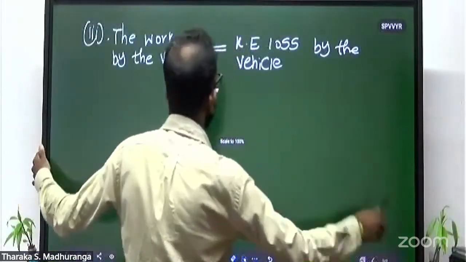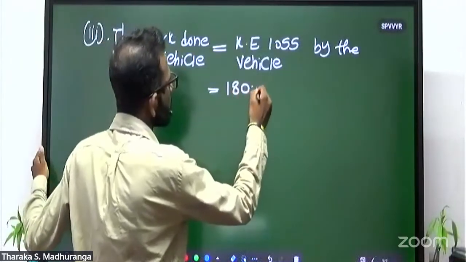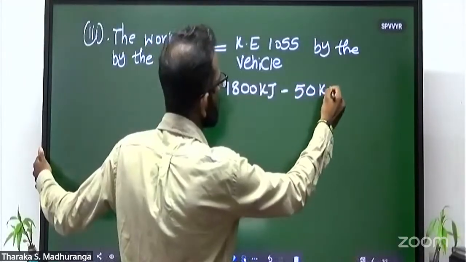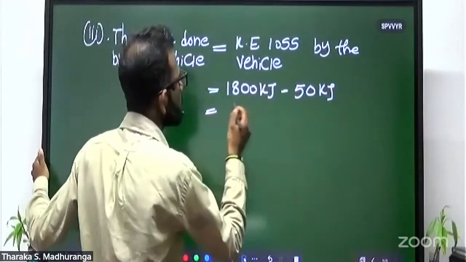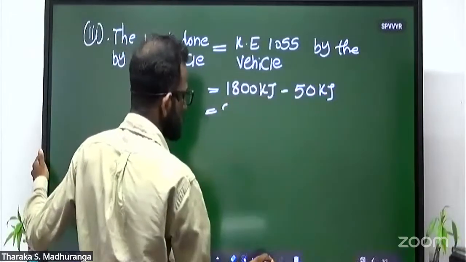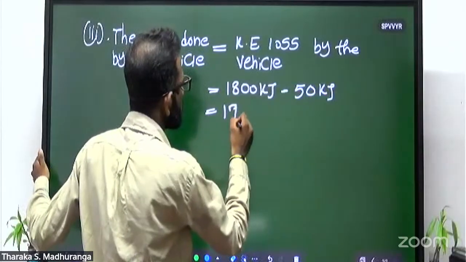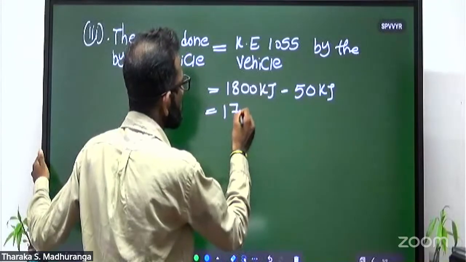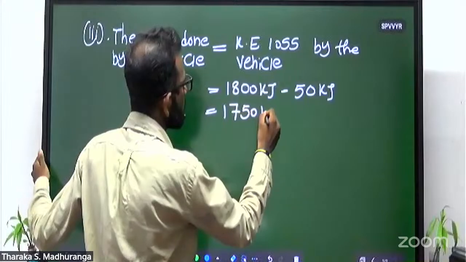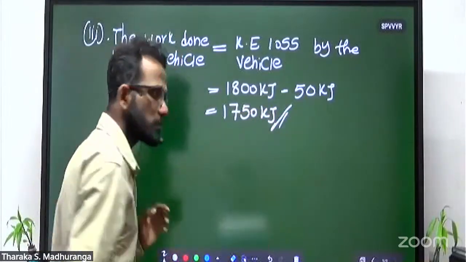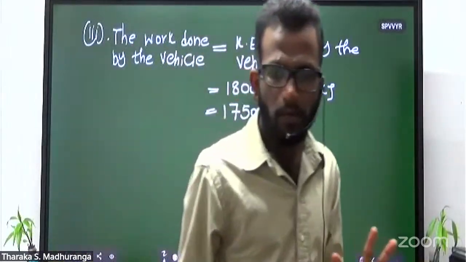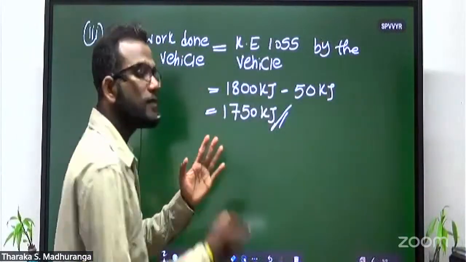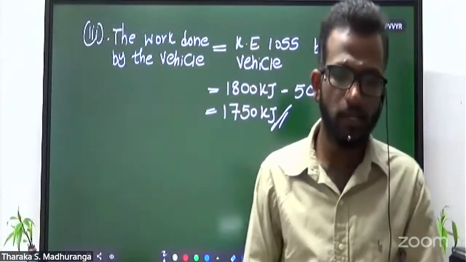You subtract 50 kilojoule from 1800 kilojoule, and you get 1750 kilojoule. Understood? 1750 kilojoule is the work done during this deceleration over the 1 kilometer period.